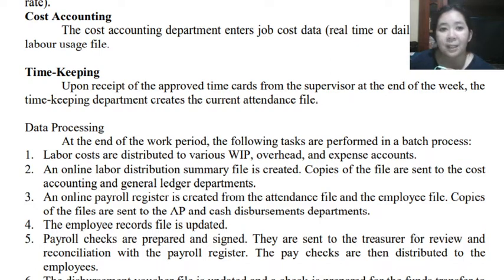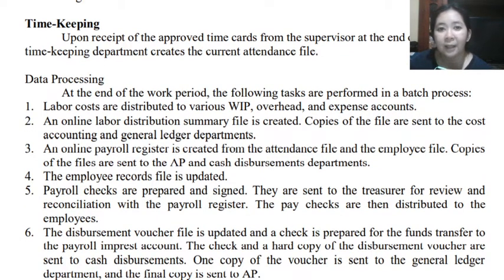For data processing, at the end of the work period, the following tasks are performed in a batch processing system. First, labor costs are distributed to the different work in process, overhead, and expense accounts to which they relate. Second, an online labor distribution summary file will be created.